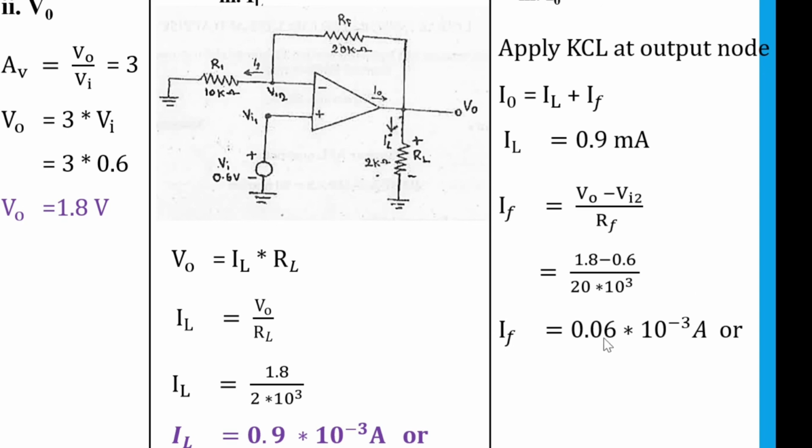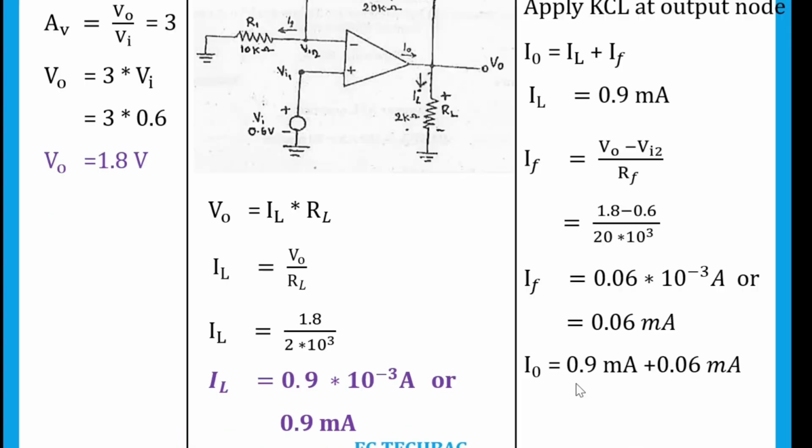Okay, so you get 0.06 into 10 power minus 3 amperes or 0.06 milliamps. This is IF. So we know IL and IF. So from this you can calculate I0. I0 is equal to IL plus IF, that is 0.9 milliamps plus 0.06 milliamps, that is 0.96 milliamps.